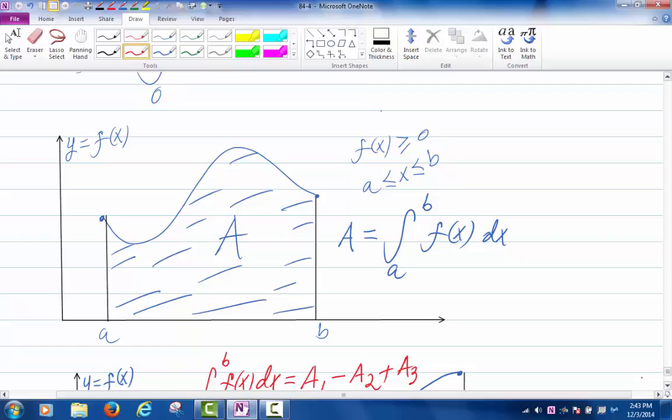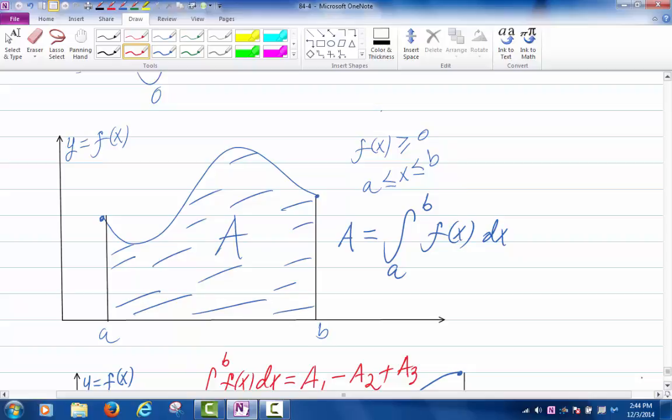What's the area of that? Well, the area of that region is always the integral from a to b of f of x dx. Is everybody okay? So if I ask you to find the area of this region below this graph, you're going to take the integral, right?